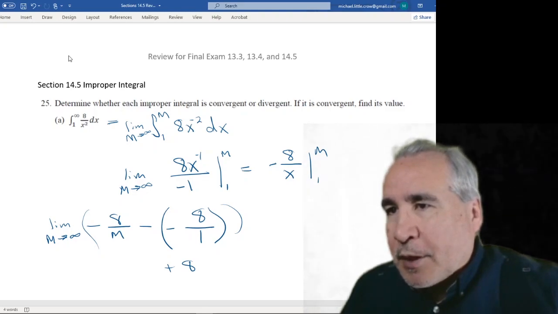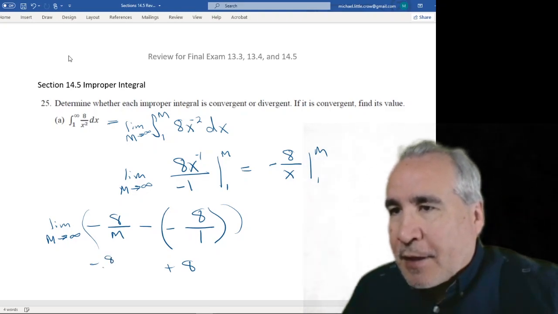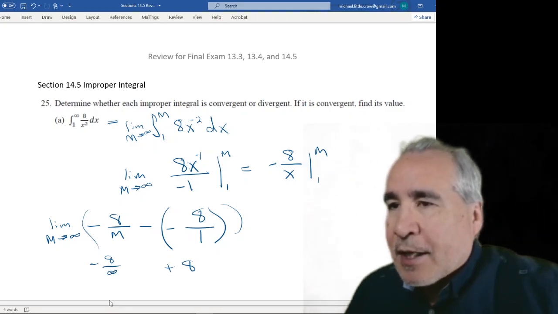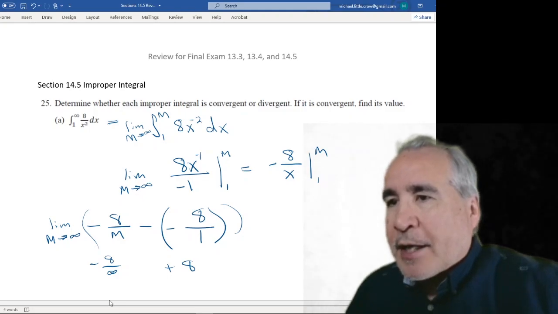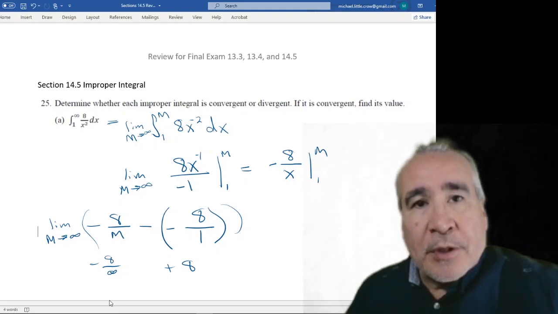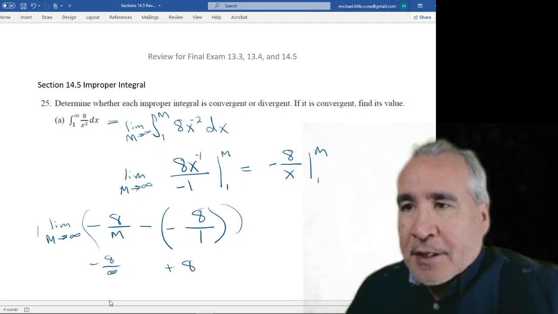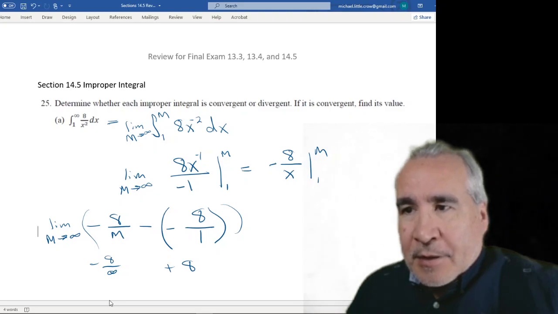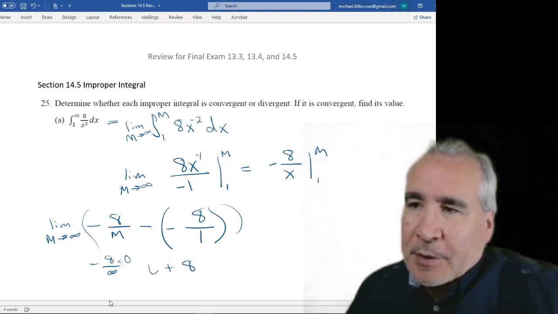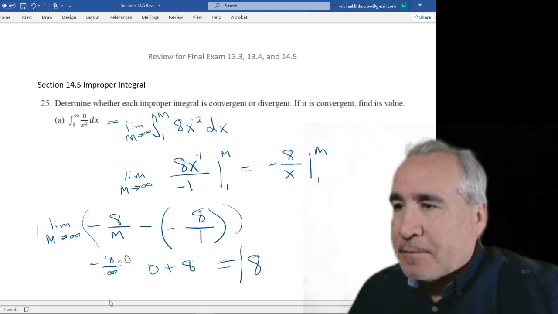As m becomes really large, this looks like negative 8 over infinity. When the denominator of a fraction gets really big, the number becomes really small, it goes to 0. So the limit of this as m goes to infinity is 0. So we get 0 plus 8, which is just 8.